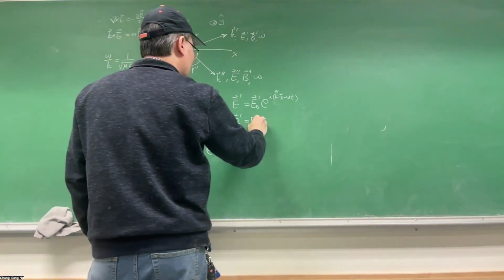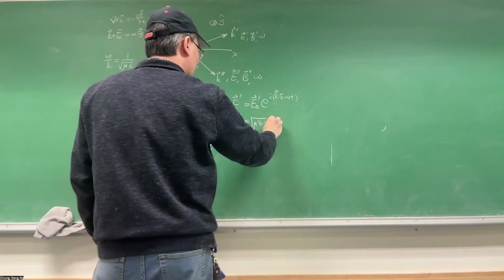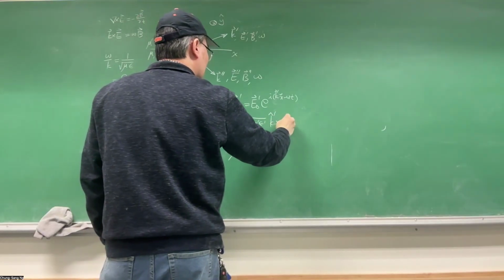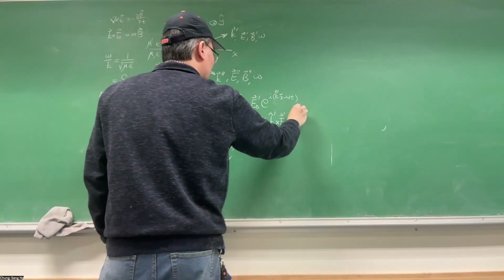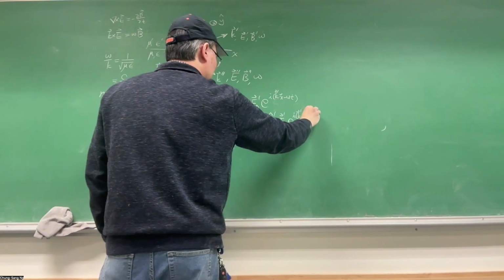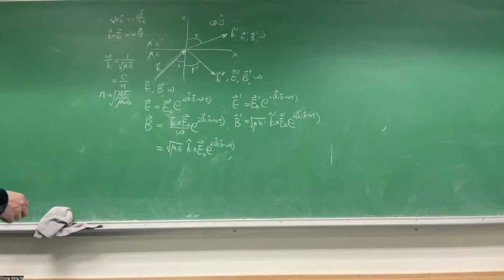We have mu prime, epsilon prime, and k prime unit vector cross E0 prime, and the same phase factor.